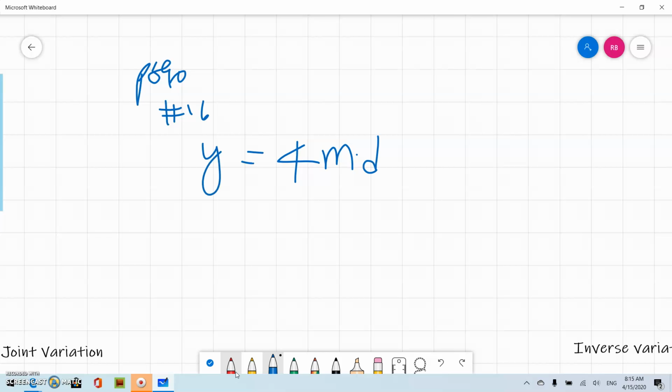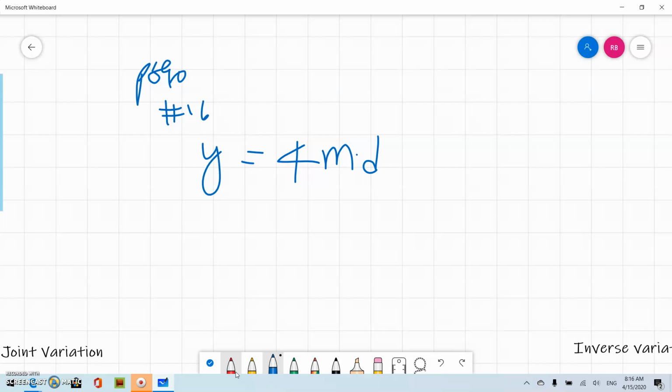So it's joint variation. Even though they don't say they jointly vary by M and D, if I understood the question correctly, this is what it is. And then the second one is, assume that the members of your household watch the same amount of TV each day as the average American, and how many hours of television would the members of your household watch in a week?